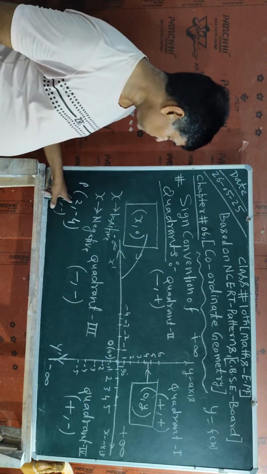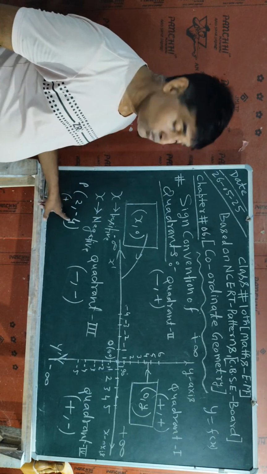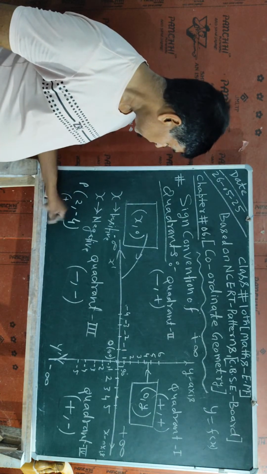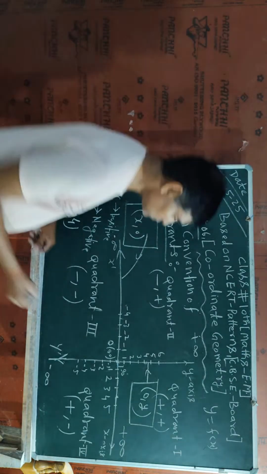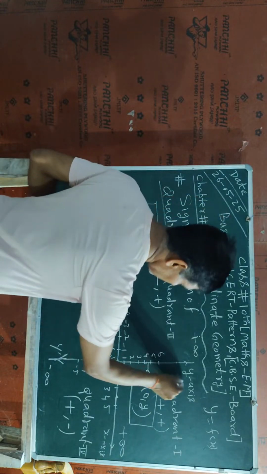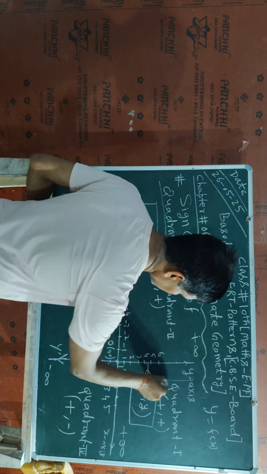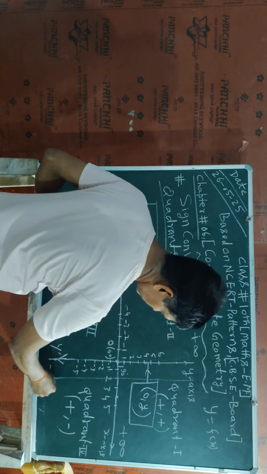The first value is known as the abscissa, and the second value is known as the ordinate. So this is plus 2, and I will draw a line parallel to the y-axis, and it will go like this.